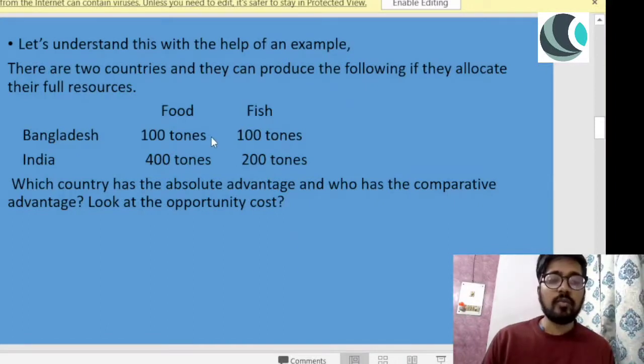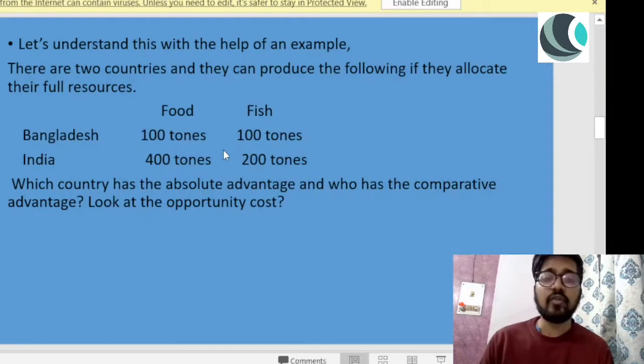Firstly, we'll talk about the opportunity cost in case of Bangladesh, right? If you calculate the opportunity cost for Bangladesh, it will come out to be one, because if you divide 100 by 100, you will get one, and if you divide 100 by 100, you will still get one.